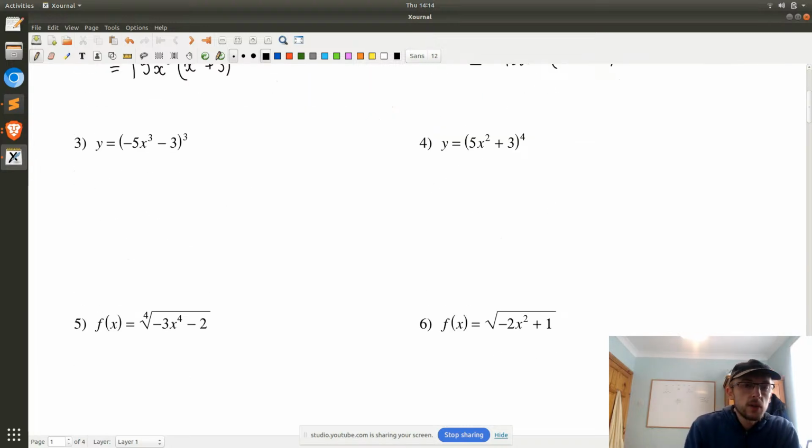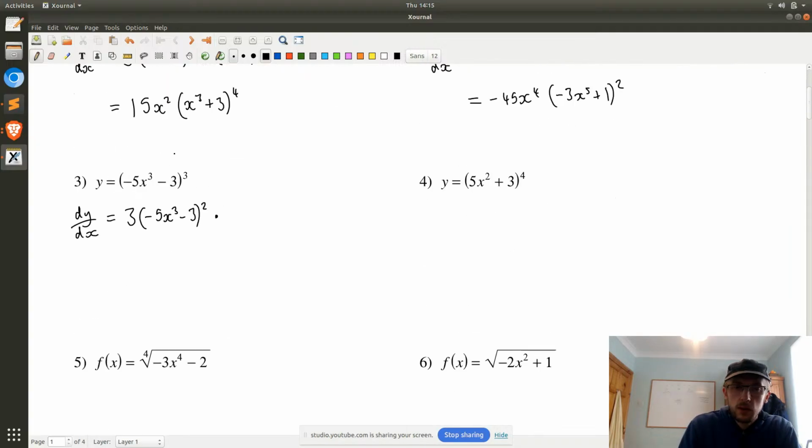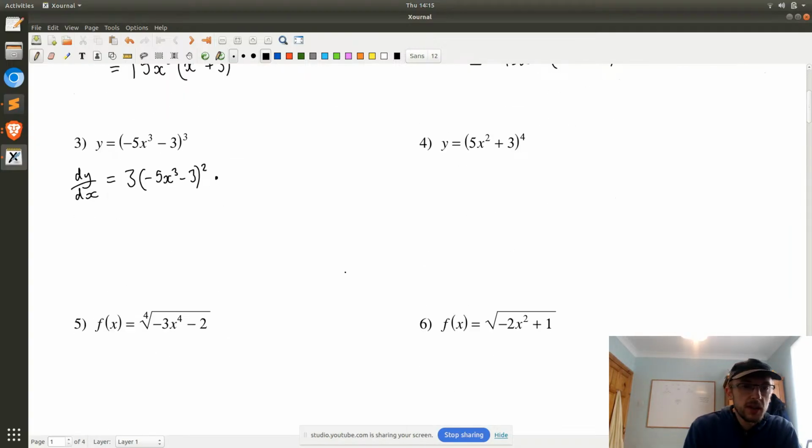Okay, do these two with no mistakes. No mistakes. Differentiate the outside function and leave the inside one alone. And then differentiate the inside function. And so I get, wait, oh, sorry, I thought this was the same question.